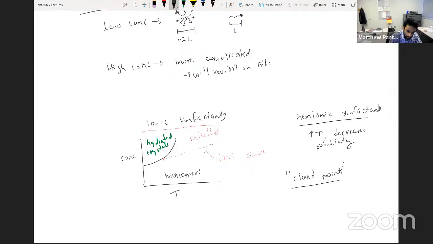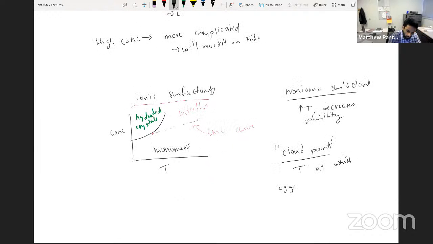This is the temperature at which aggregates start to appear. You'll have a solution, and you either raise or lower the temperature depending on whether it is an ionic or non-ionic surfactant, and you will start to see it go from a solution to something that's cloudy, meaning that you're forming aggregates of surfactant molecules.